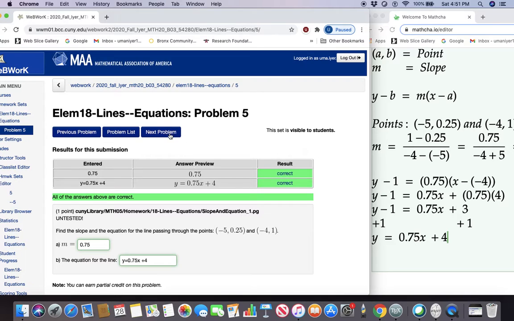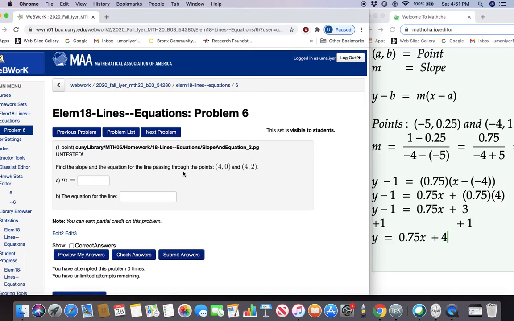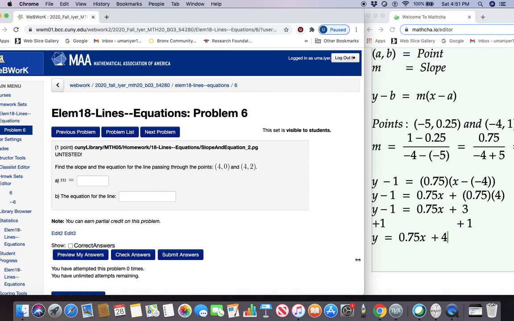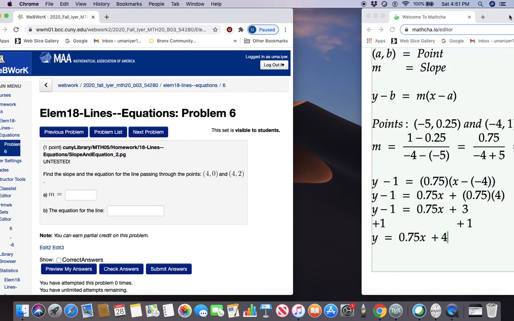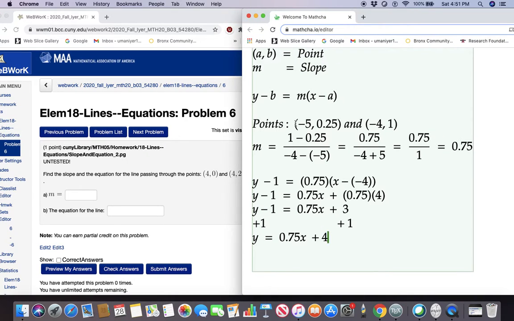All right. Next problem. Find the slope and equation of the line. All right. So it's the same kind of problem. Let's go through this. So what are your points? 4, 2, and 4, 0. Aha. So notice, oh, this is an interesting question.